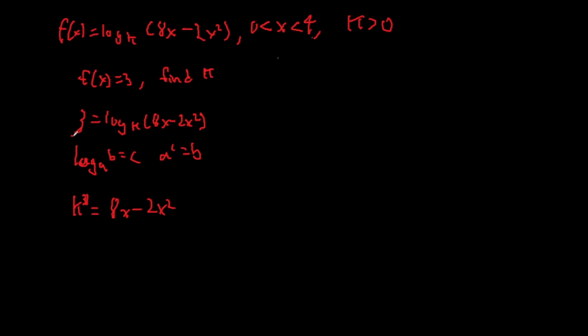And the 3 is just gained from that 3 right there. So this will change into, if we subtract 8x minus 2x squared on both sides, we're going to have 0 equals k to the third.